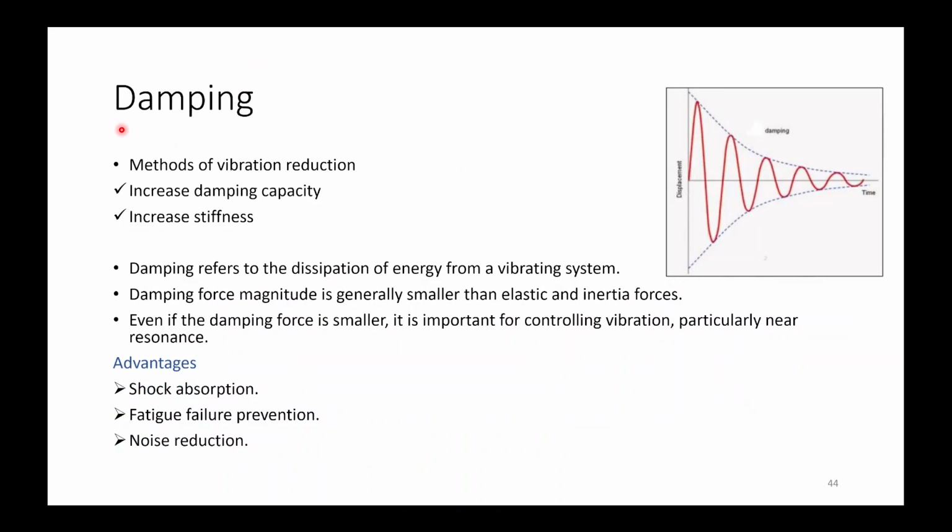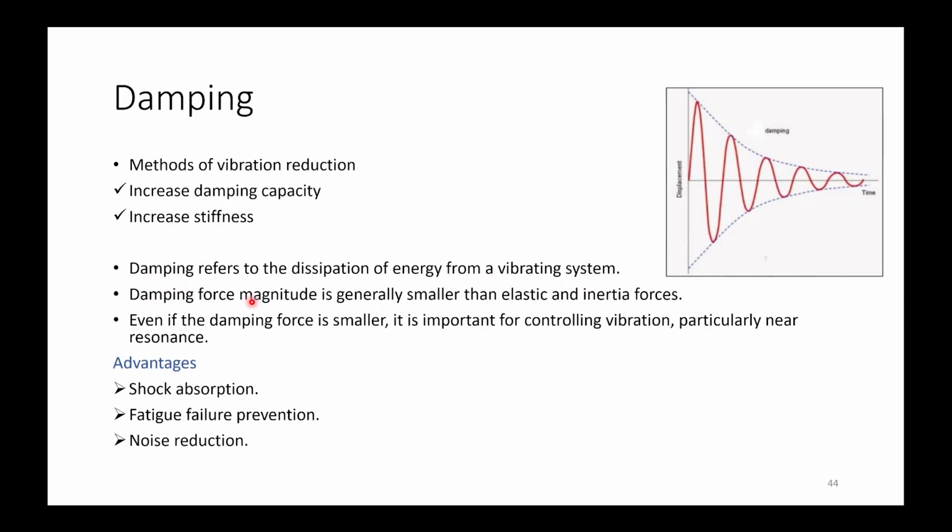Now the other property, damping. There are two methods for reduction in vibrations. We can either increase the damping capacity, so we choose a material which has higher damping capacity, or we can increase the stiffness. Damping refers to the dissipation of energy from a vibrating system.